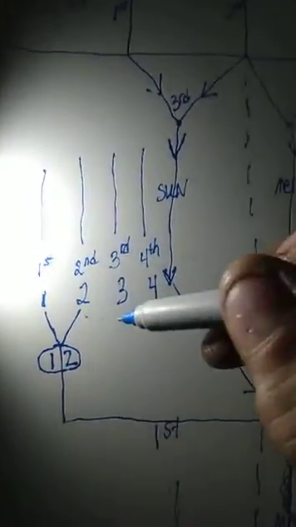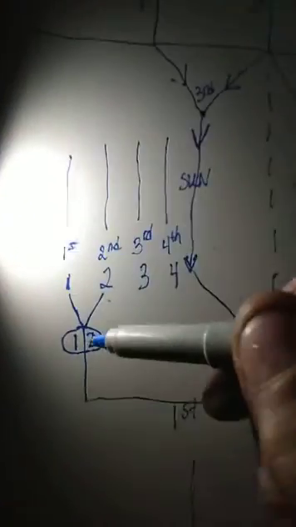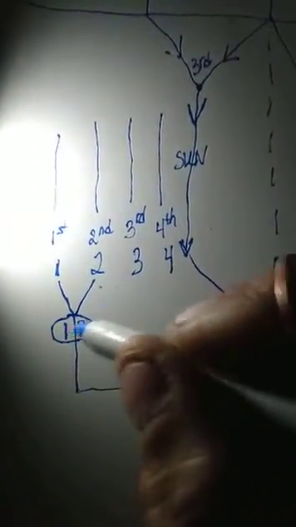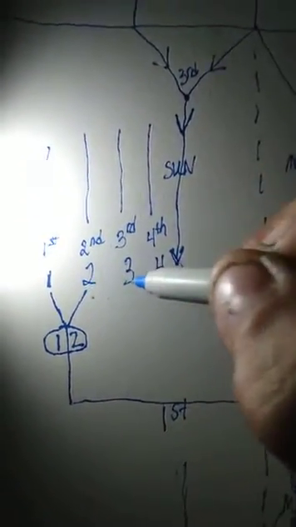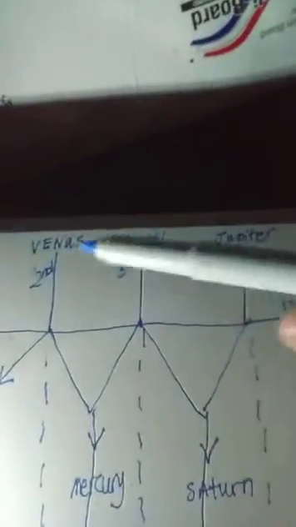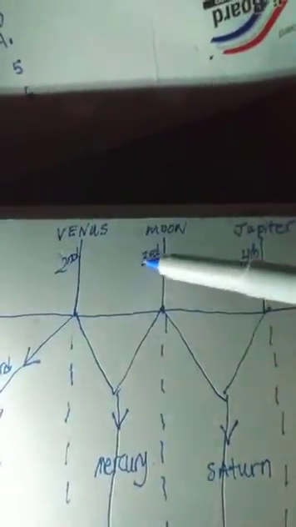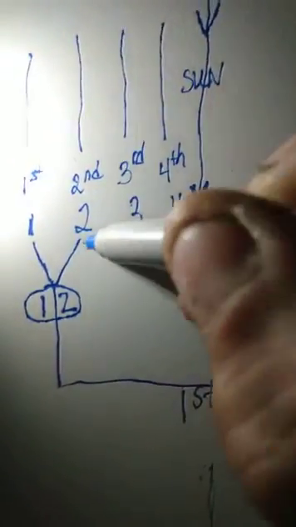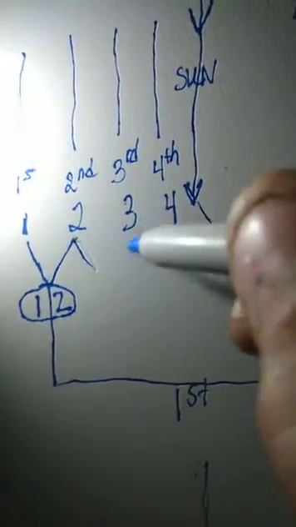It goes from Mars and Venus to the Sun. So the Sun is the 12. Now the 2 and the 3 is Venus and Moon, becoming one line, Mercury. We're looking at a mathematical representation of how it would work.